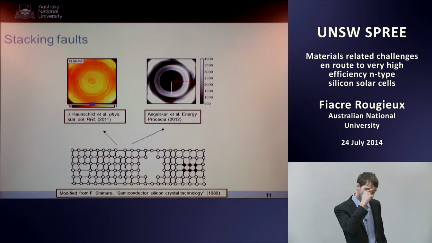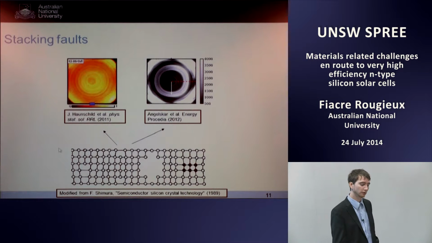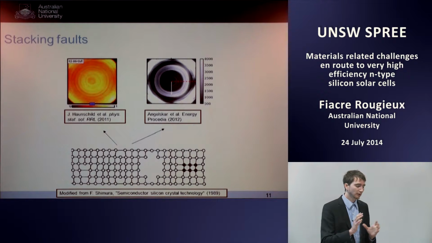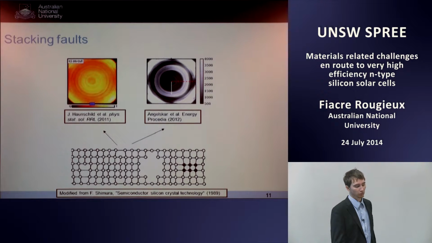Let's talk about another type of defect that we can have, which is this stacking fault here, and the schematic representation here. Those really shouldn't happen in standard silicon, but if we are in this intermediate regime, we can have those ring-like structures that are more toward the edges of the wafer, and they enhance with oxygen precipitation too.